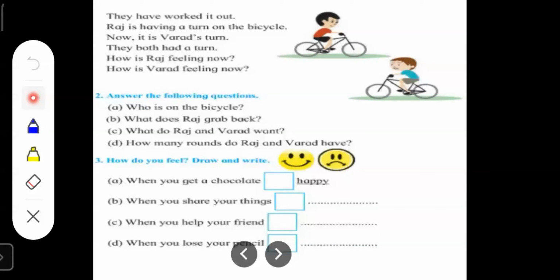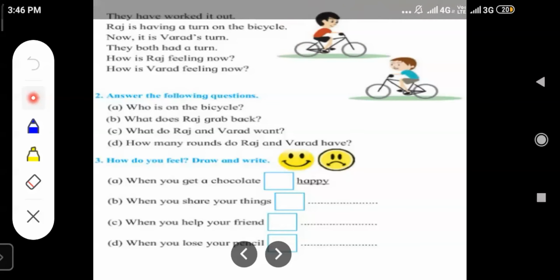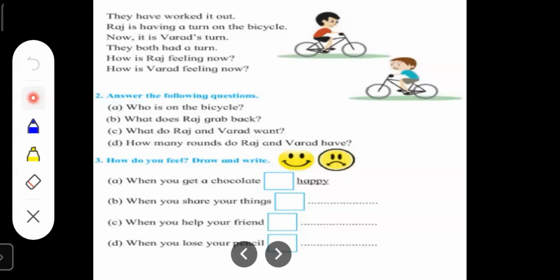You can see there below some questions are given. Okay, I will read them. Who is on the bicycle? You can see in the first picture, Raj is on the bicycle. What does Raj grab back? Raj grabs the bicycle back.